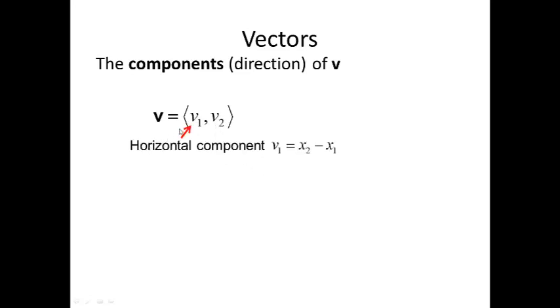So the horizontal movement is x2 minus x1, the endpoint x minus the initial point x, okay? And then for the vertical component, the second number in the component form is the difference in the y's.